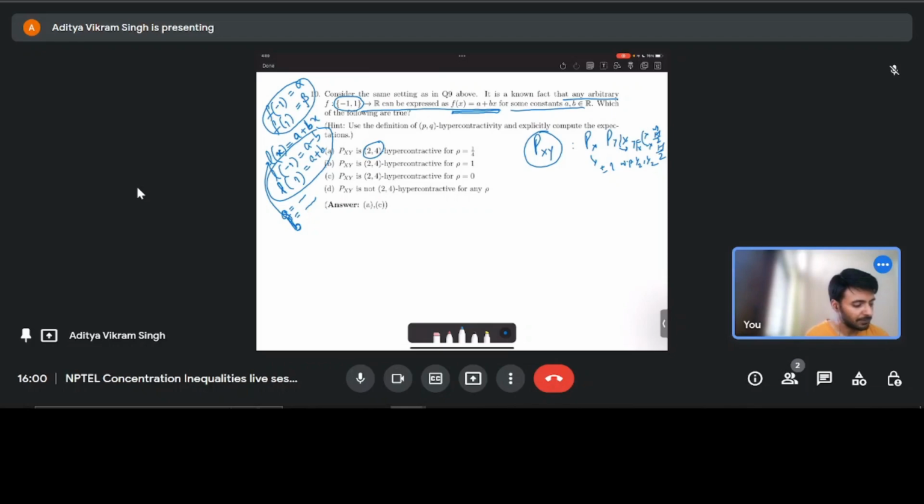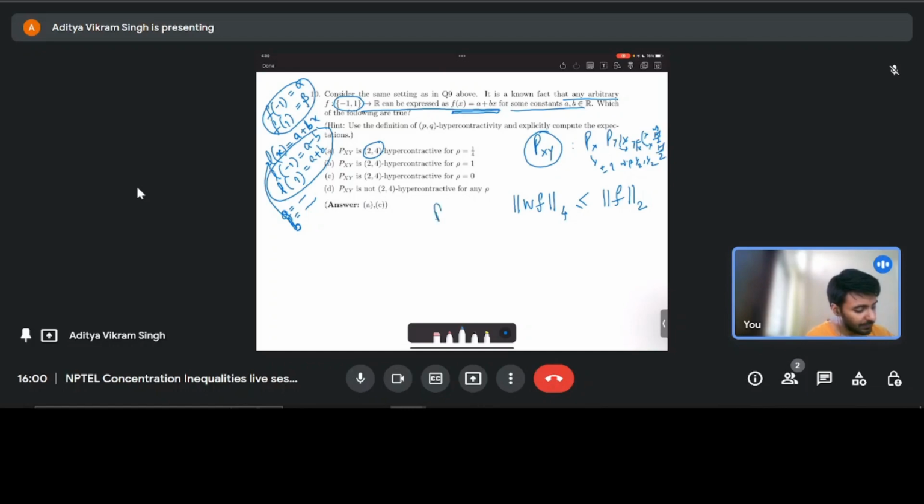What is 2,4 hypercontractivity? Take any function f. The 2-norm of wf is less than or equal to the 2-norm of f. This is the usual contractivity, and it would always happen. We are interested in the fourth norm of wf being less than or equal to the second norm of f.